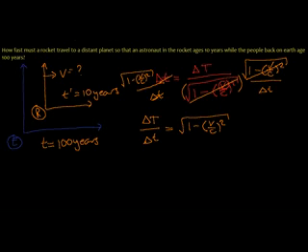And we know from this value here that the only values we're going to get are between 0 and 1. That is, it's always going to be greater than or equal to 0 and less than or equal to 1. Because at one end of the spectrum, if our velocity was 0, we'd get 0 over c, so this thing's going to be 0. So it's going to be 1 minus 0, or the square root of 1, which gives us 1.